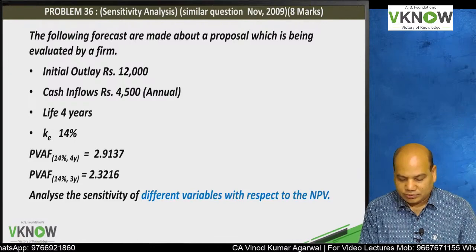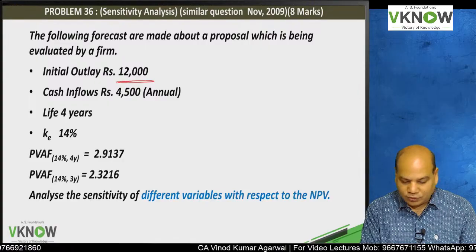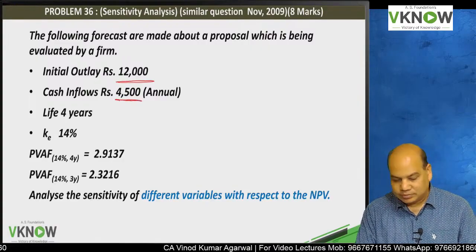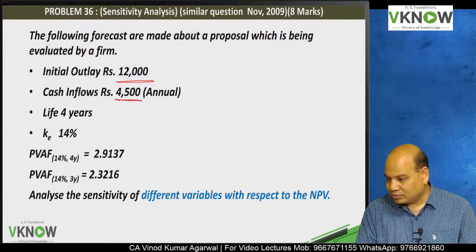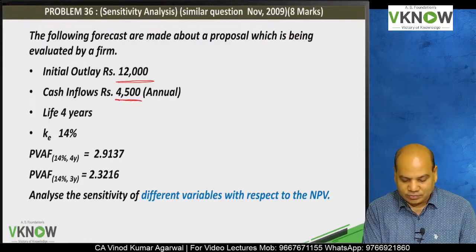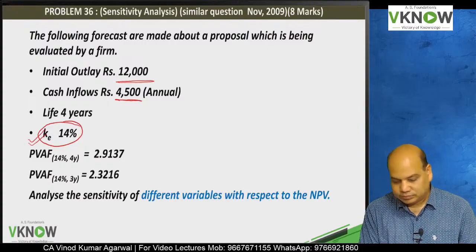Initial outlay is 12,000, cash inflow 4,500 per annum, life of the project is 4 years, cost of equity 14%, that we will use as discount rate.